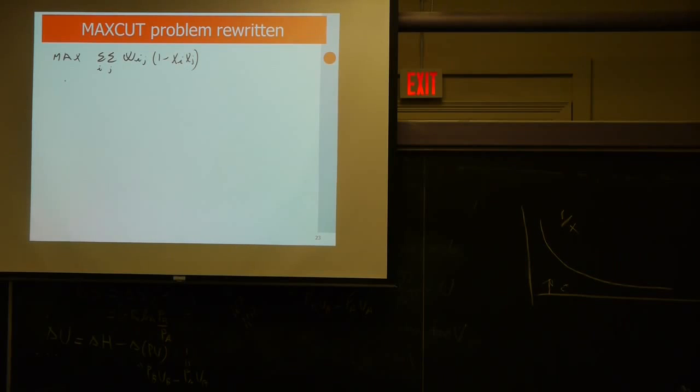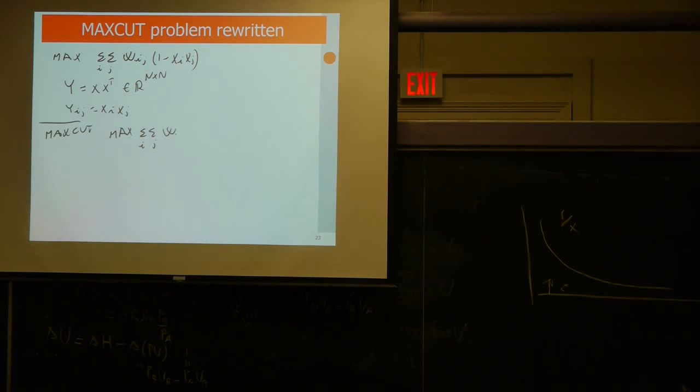So let's introduce this notation that Y is a matrix X times X transposed. So it's a symmetric N times N matrix. In other words, Yij is Xi Xj, right? And now I can rewrite this max-cut problem such that we maximize, so let's decompose this.